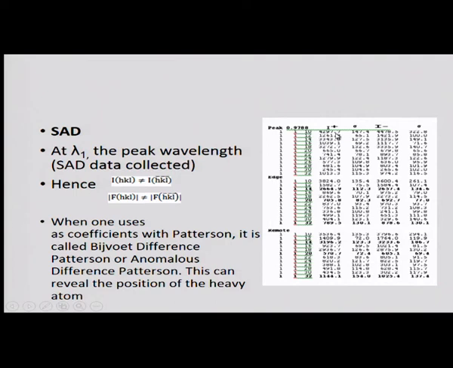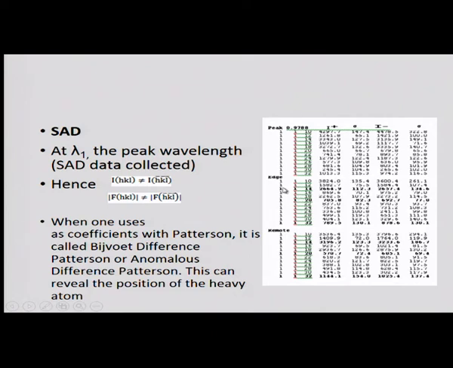See here, the difference between these is more than 100, right. Since it is more than 100, these differences can be made use of in a Patterson. This is happening because of anomalous scattering or bifid differences. So, I call it your anomalous difference Patterson or bifid difference Patterson.